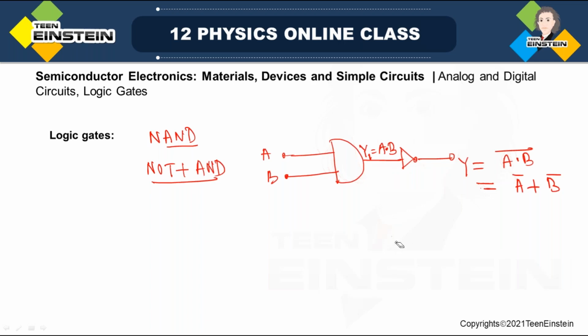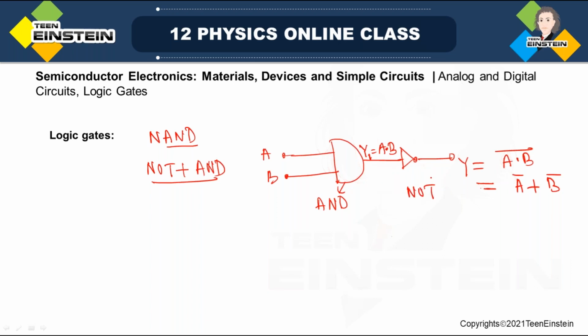So this is the NAND operation. NAND means first you have to do the AND operation, then you have to take the bar of your AND result, because after that you are going through a NOT operation. This is AND operation, and this is NOT operation.